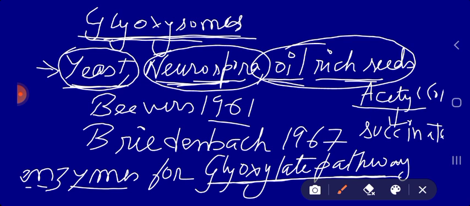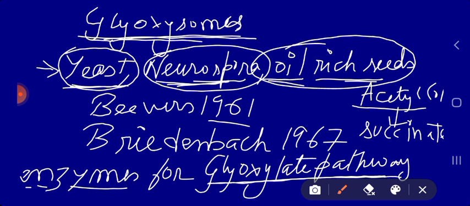It also helps in conversion of stored lipids in germinating oil seeds into glucose by a process called gluconeogenesis.